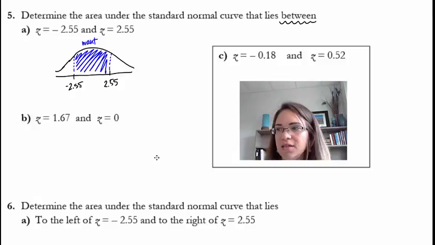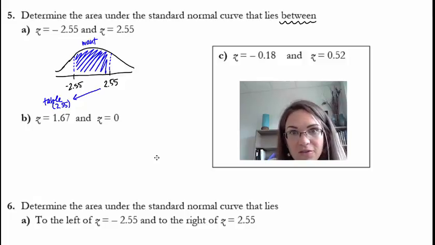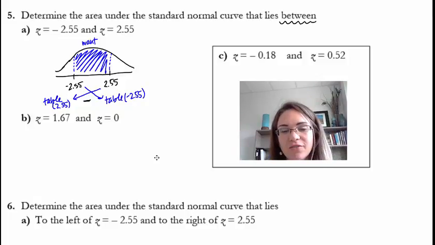So what I like to do here is take the table value of 2.55, that's the area to the left of 2.55, all of it from negative infinity to 2.55, and subtract the table value at negative 2.55. The stuff that is to the left of negative 2.55 would be some overlap, and I don't actually want that piece. So that's a way to do it. Let's find the value of the table at 2.55.